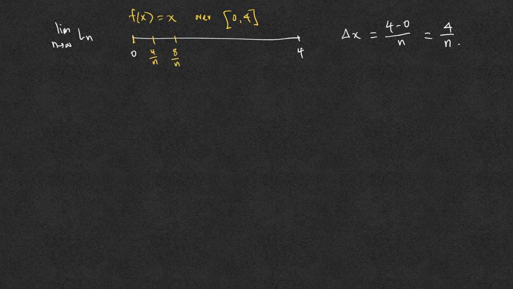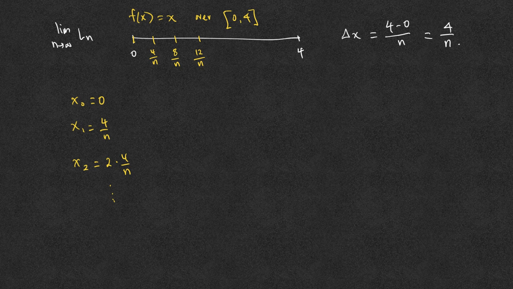And the next endpoint is 3 times delta x, which is 12 over n. And so the endpoints are x sub 0 equals 0, x sub 1 equals 4 over n, x sub 2 equals 2 times 4 over n, and so on.